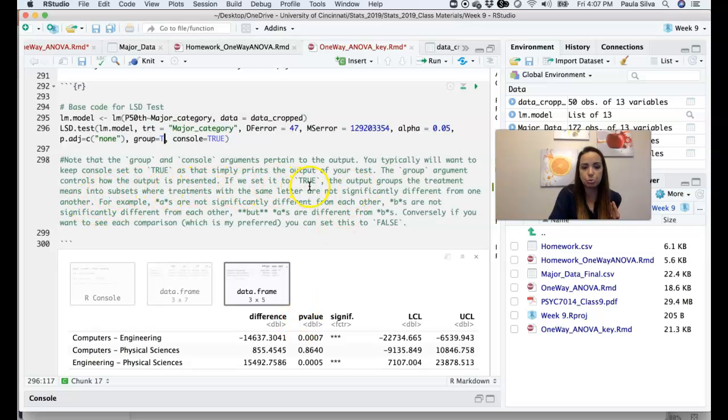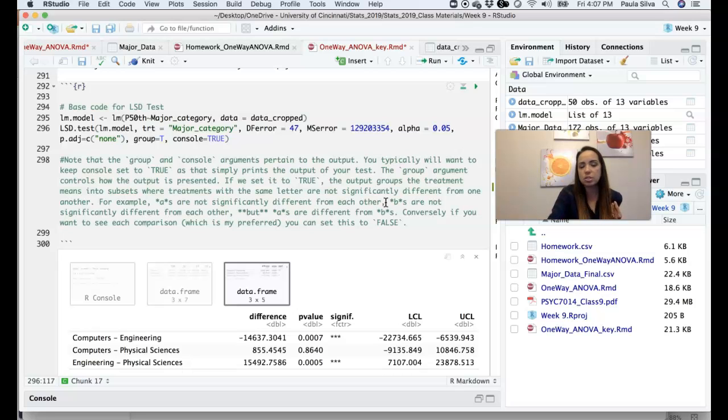If we set it to true, the output groups the treatment means into subsets where treatments with the same letter are not significantly different from one another. For example, if R groups two factors and calls them A, they're not significantly different from each other. And then if it groups them as Bs, they're not significantly different from each other. But As and Bs are different from each other.